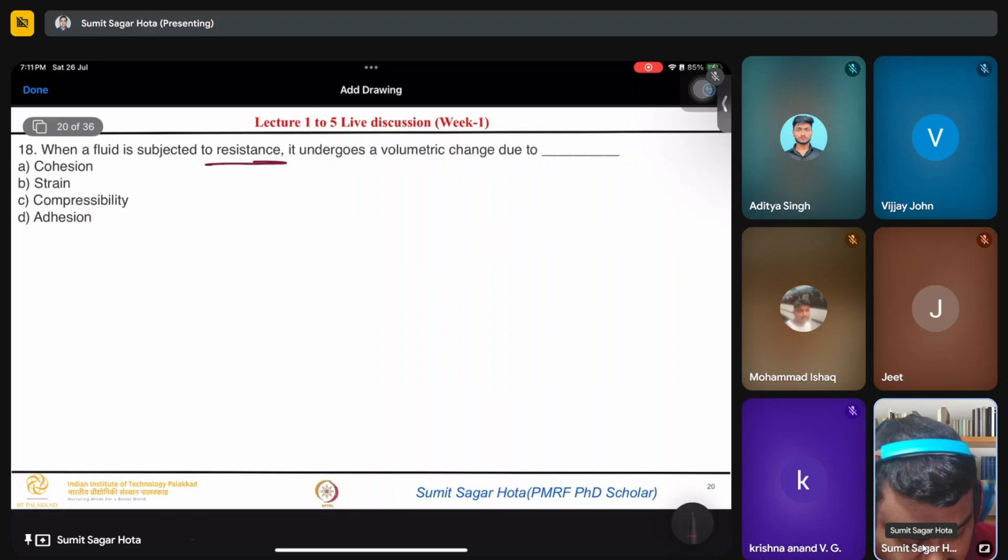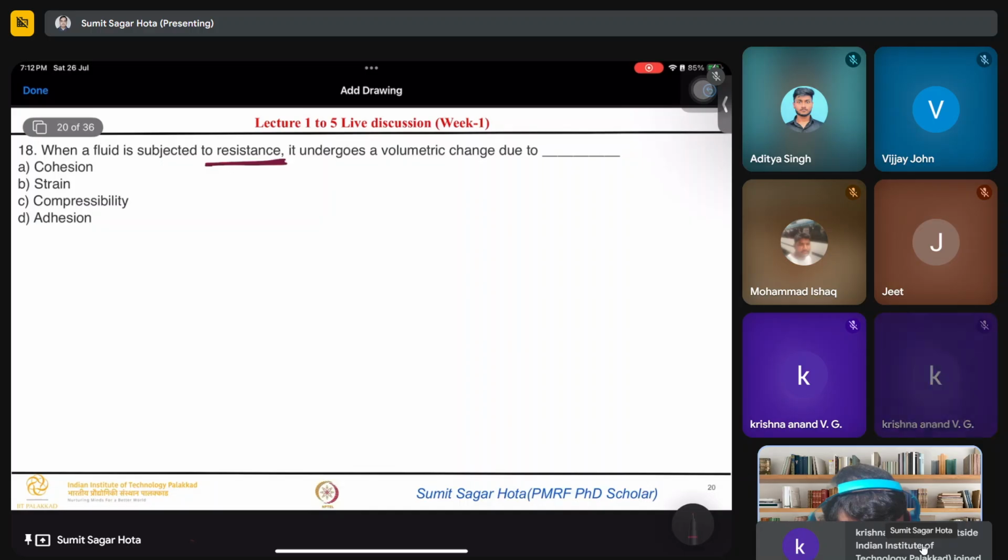Here one term, resistance, is there. So fluid is subjected to a resistance. Always remember, if it is subjected to any resistance, it will be either a compression or expansion of the fluid. So the similar answer is compressibility here.